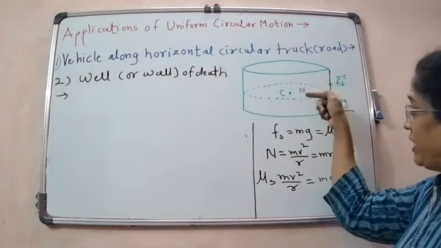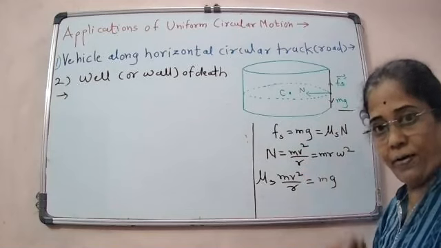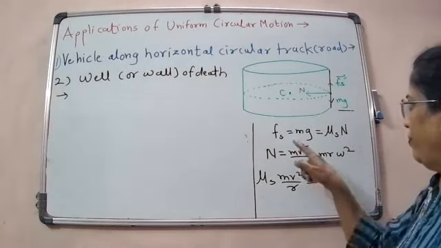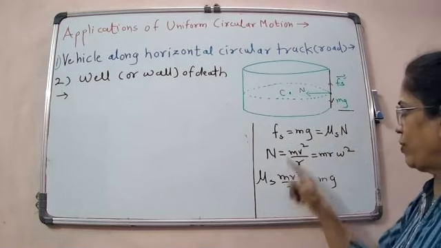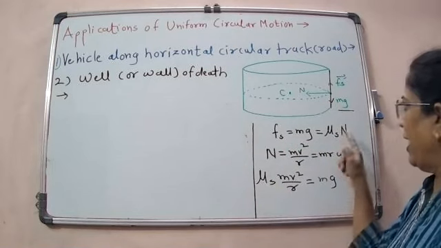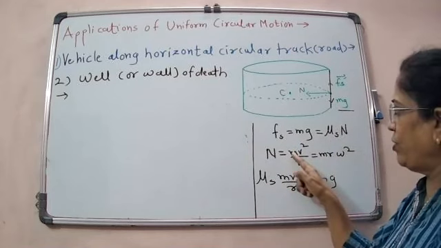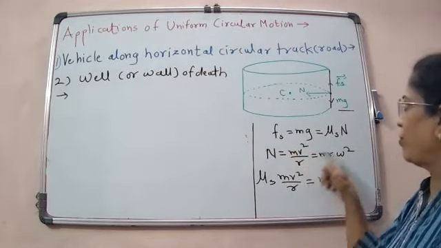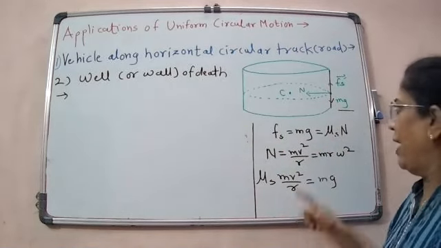So Fs equal to mu s N, where N is equal to the centripetal force, mv square upon r, and this is mg.